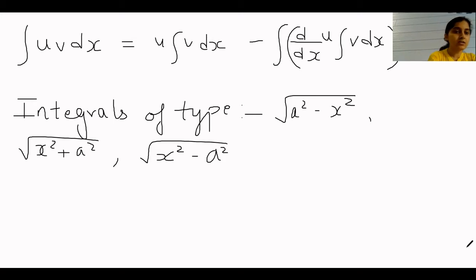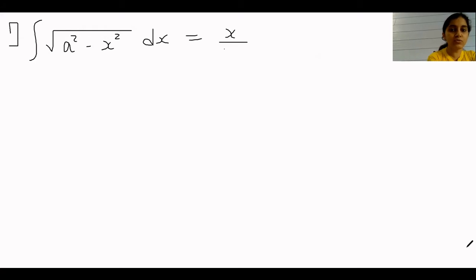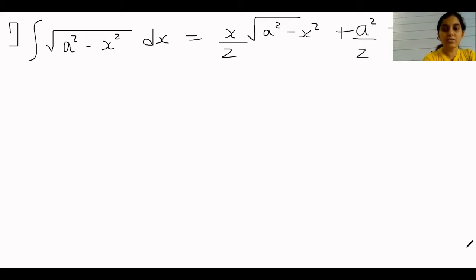Let us start. The first one says that the integration of root of a square minus x square dx is equal to x upon 2 root of a square minus x square, plus a square upon 2 sine inverse x upon a, plus c.